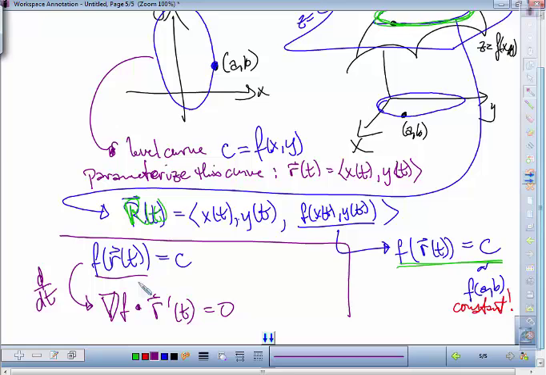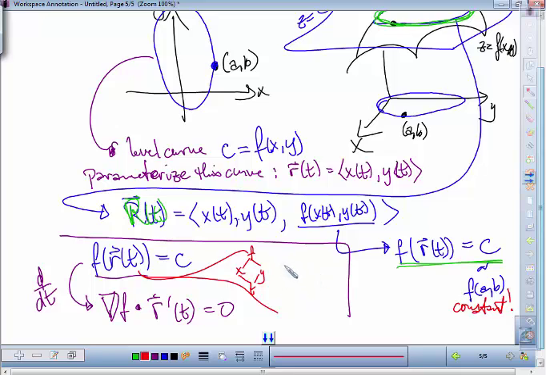If you remember back, we did some sort of tree. We got f as a function of x and y, and these are both functions of t.